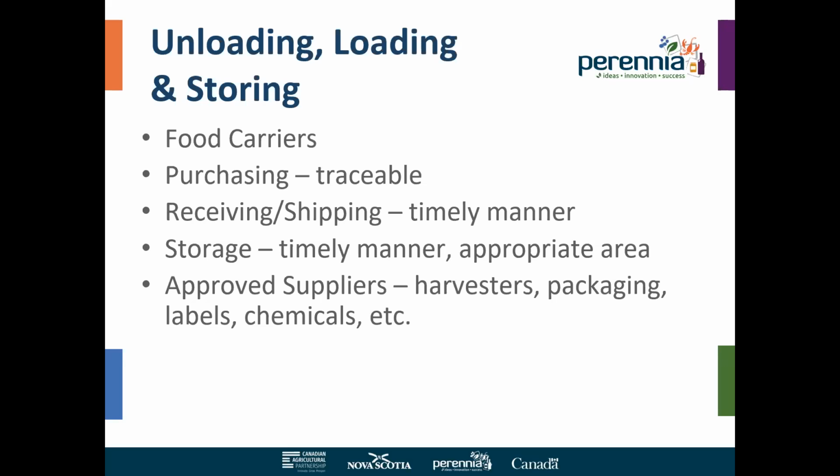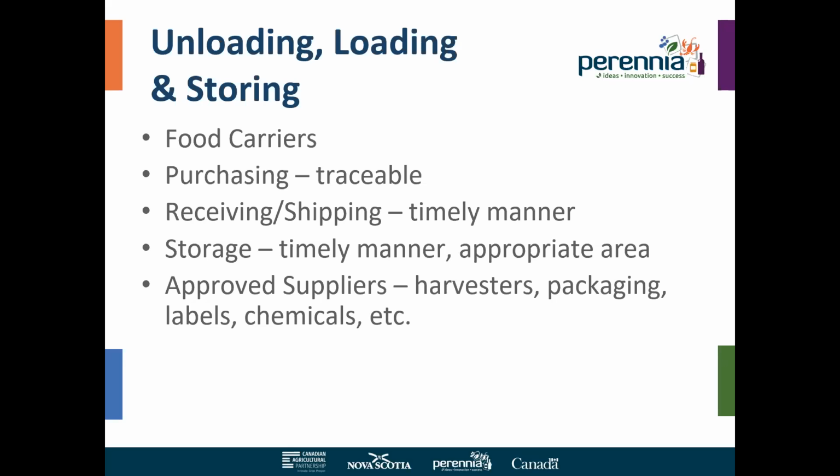Purchasing. If you are purchasing, let's say, packaging material, are you able to trace that packaging material? Is the packaging material that you're purchasing from an approved supplier? Is it the correct packaging to be used for your finished product?